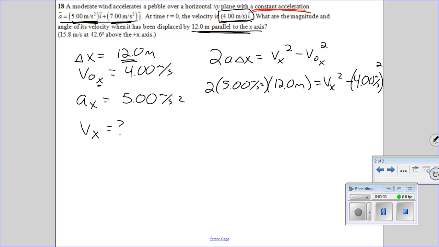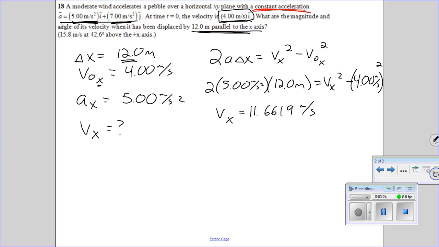Don't forget to square it. All right, so solve this mess, and you'll figure out your Vx at the end of these 12 meters is, and I'm going to keep a whole bunch of significant digits here, and then we'll round it down at the end. Or rather, I guess I should say I kept some insignificant digits.